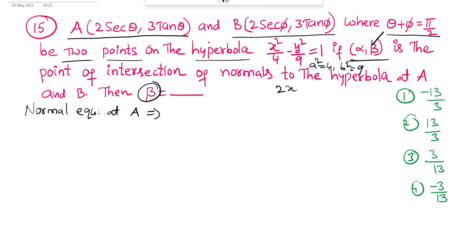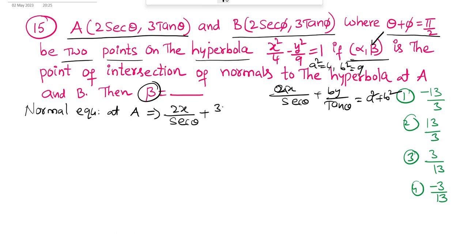The normal equation is ax by secant theta plus by by tan theta is equal to a square plus b square. This is the formula. Here a value is 2, that is 2x by secant theta plus 3y by tan theta is equal to a square plus b square, that is 4 plus 9 is equal to 13.